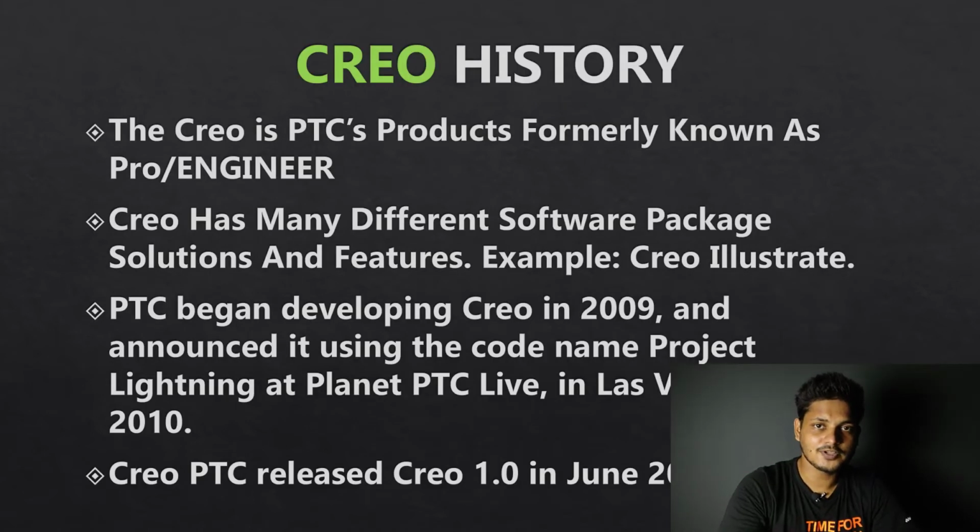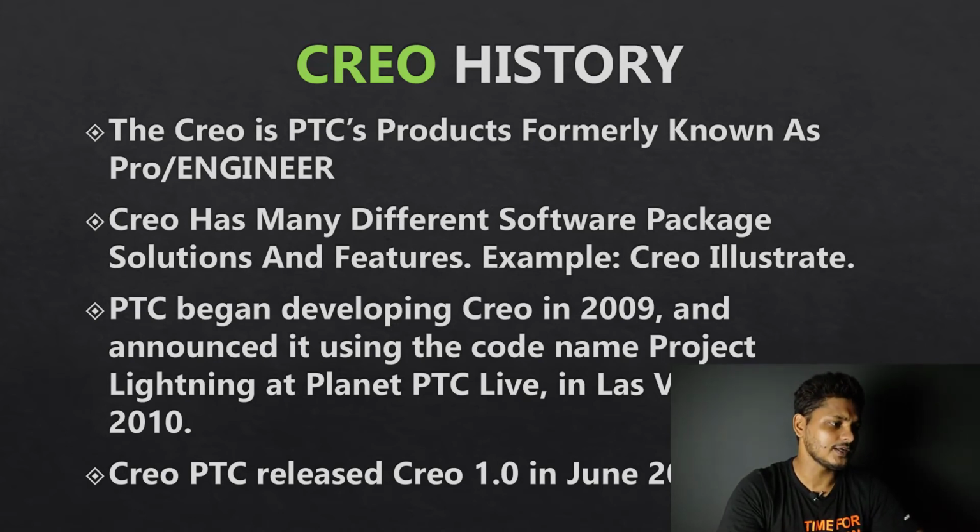Now let's talk about some history of this software. The CREO PTC product was formerly known as Pro-E. Many of you still know this software as Pro-E, but now it is named CREO. It has different software packages, solutions and features, and a very good example of this is CREO Illustrate.